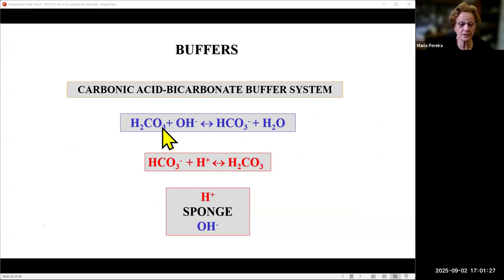So here you have this equation that represents this buffering system that is very, very important to maintain the pH in the blood. The carbonic acid gets rid of too much hydroxide, and the bicarbonate gets rid of too much hydrogen.